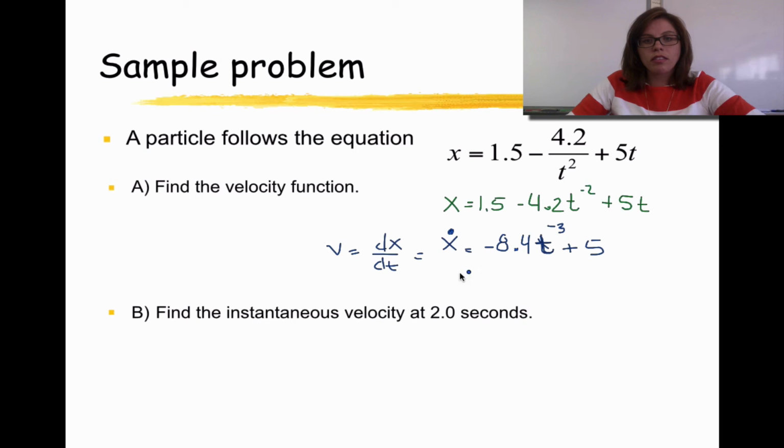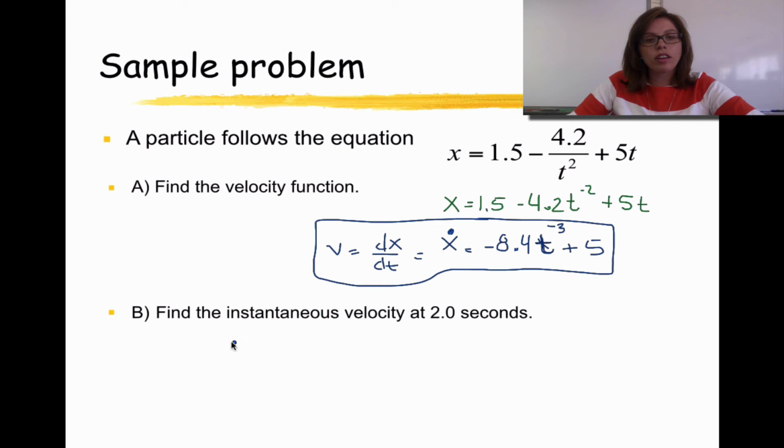Okay, so this is the velocity. The velocity function is negative 8.4 times t to the negative 3 plus 5. Find the instantaneous velocity at 2 seconds.